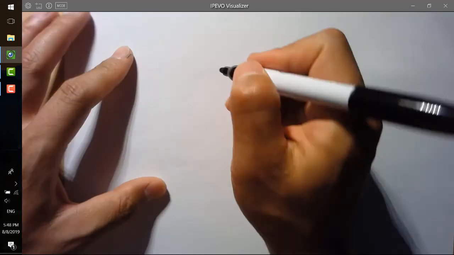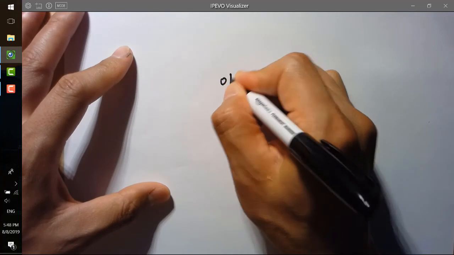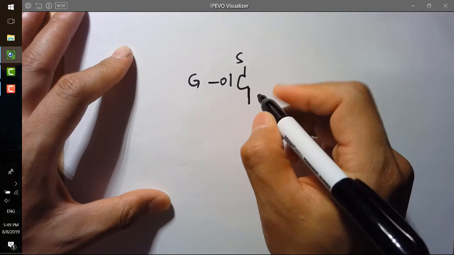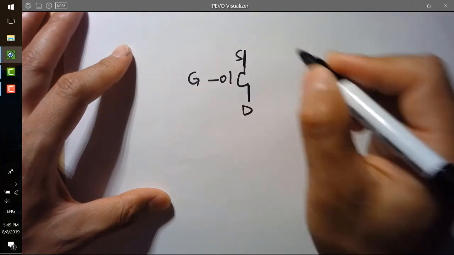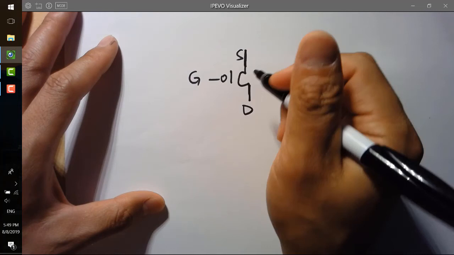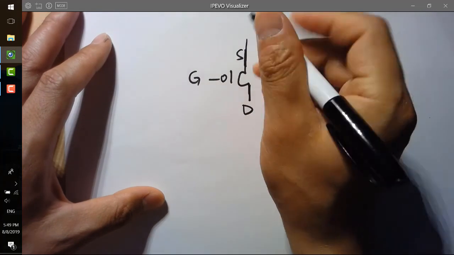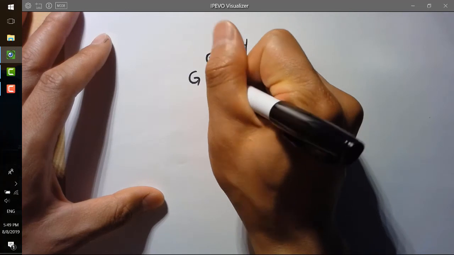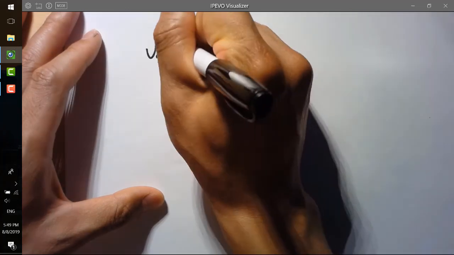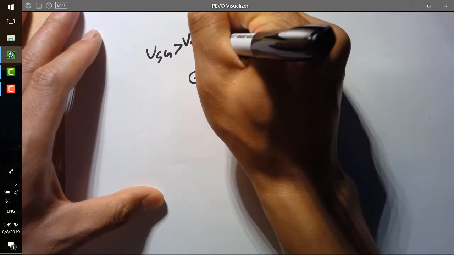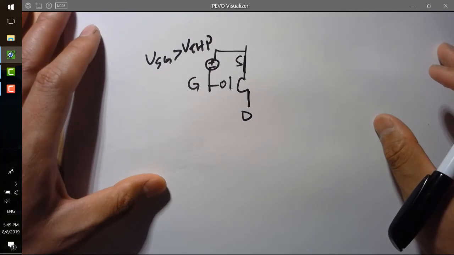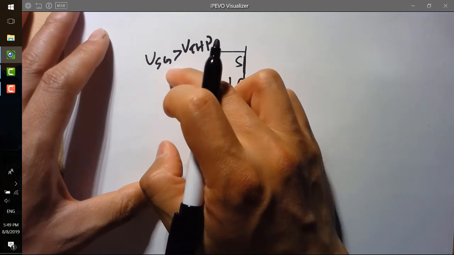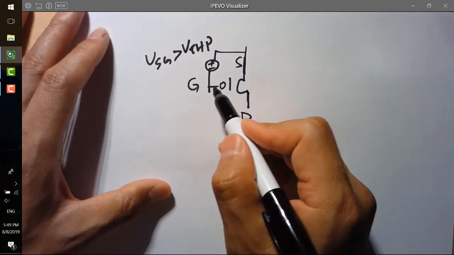So if you have a PMOS like this, that's drain, right? The way we're going to turn it on is we want to make VSG bigger than VTHP. All right, so that's the threshold voltage for the PMOS. We're going to make VSG bigger than that in order to turn it on.